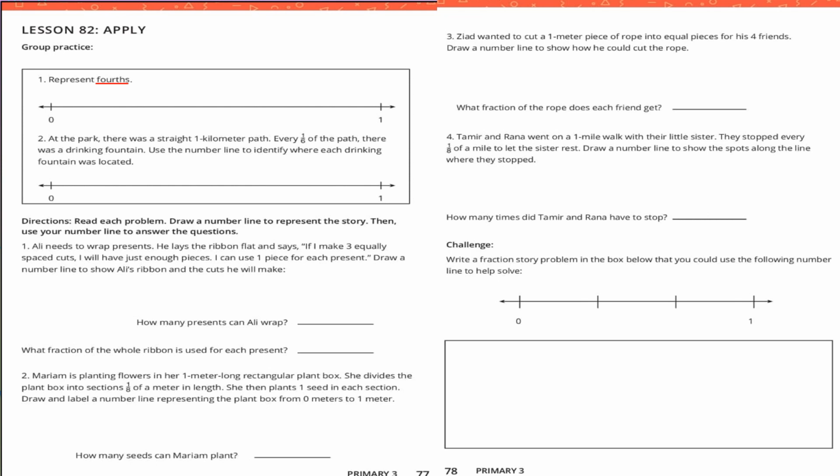Number 1, represent fourths on the number line. Fourths, it means what? How many equal parts? Yes, 4 equal parts. So we want to split this number line into 4 equal parts by making how many dashes inside the number line?